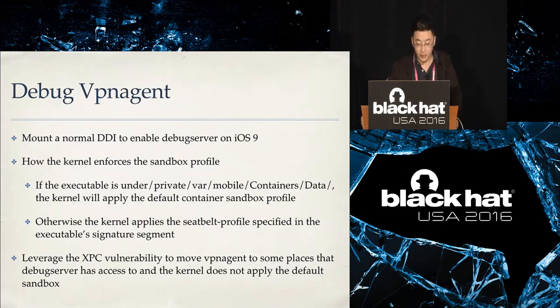So here's the thing. If the executable is under the private var mobile container data directory, by default, the kernel will apply the container sandbox. But if the main executable is not in this directory, the kernel doesn't apply that sandbox. So things are easy.